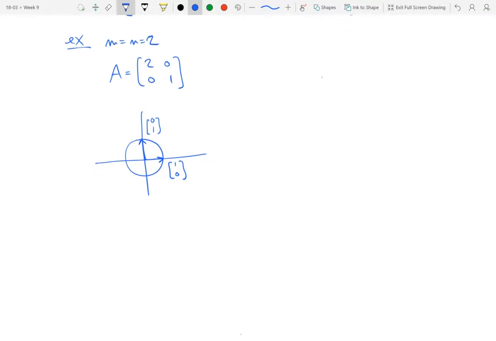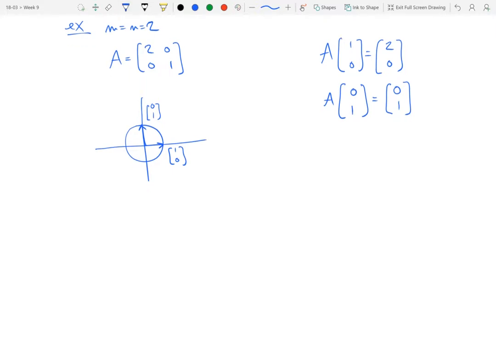So if we go ahead and apply A to the vector 1, 0, that operation selects the first column of A and we end up with the vector 2, 0. And on the other hand, if we apply A to the vector 0, 1, then that will be unchanged. We pick the second column of A, that is still going to be 0, 1. And so that means that if we want to visualize what the result looks like, we are going to distort here our unit circle into an ellipse that looks something like this.